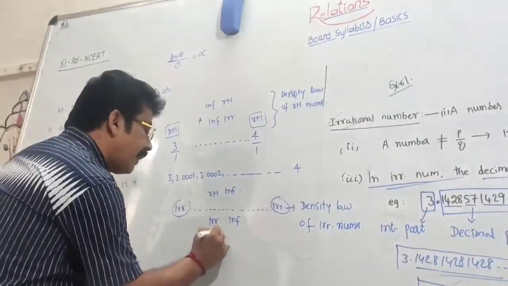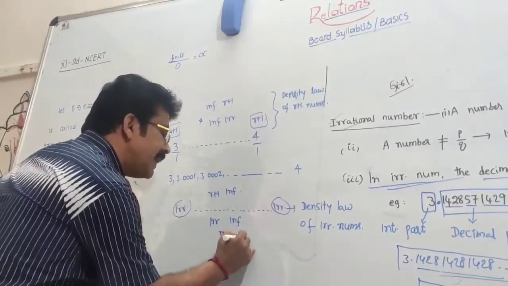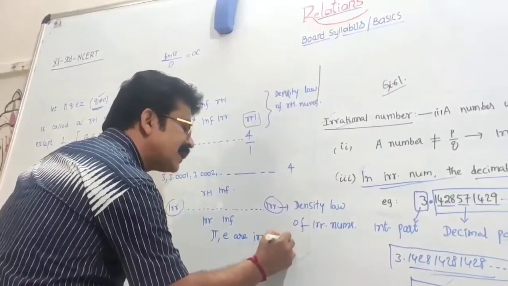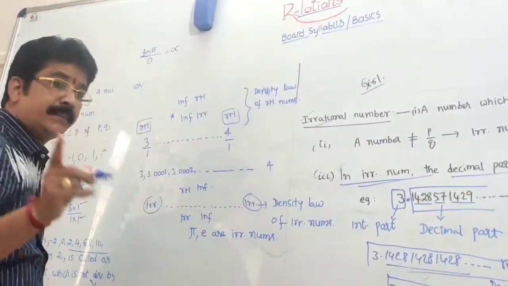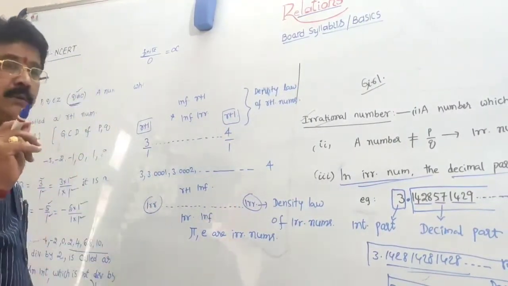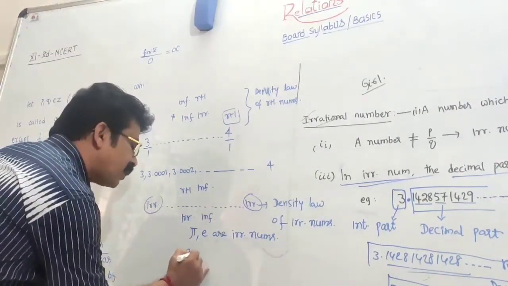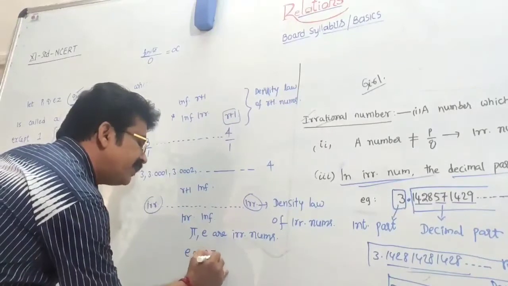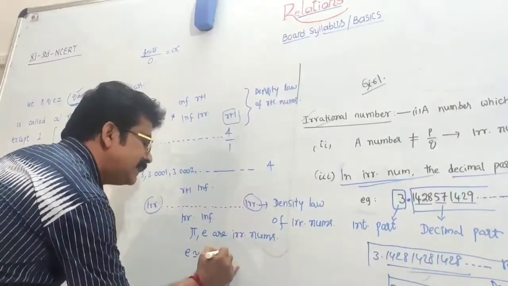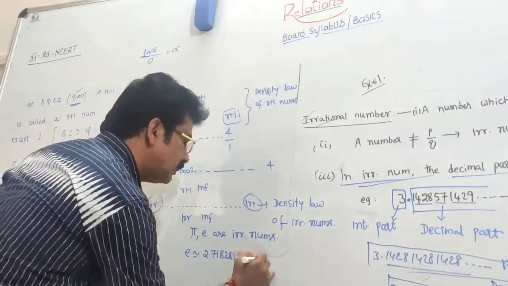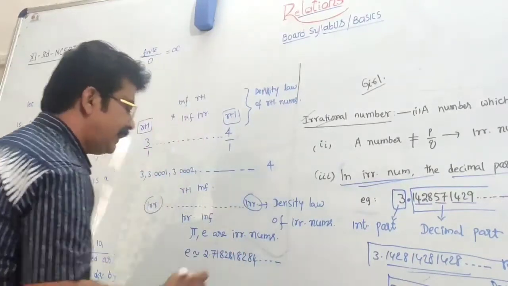Remember, already I said pi and e are irrational numbers. If possible, you will have to remember these two values. e is approximately equal to 2.7182818284 and so on, like that.